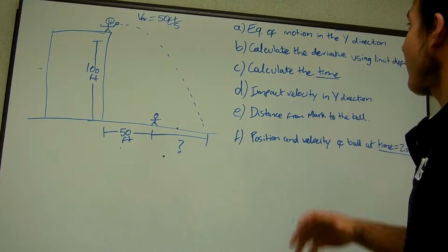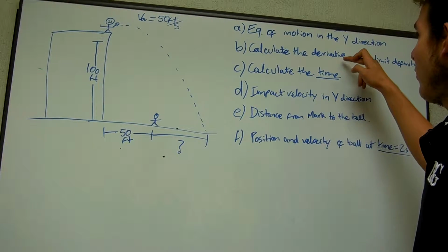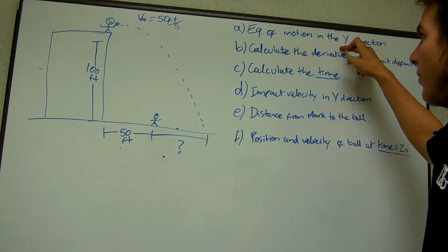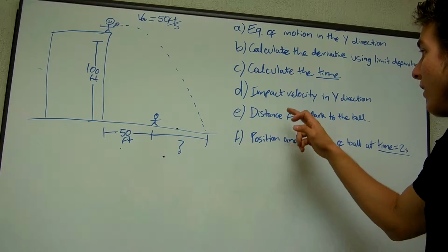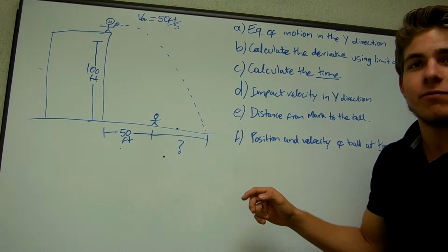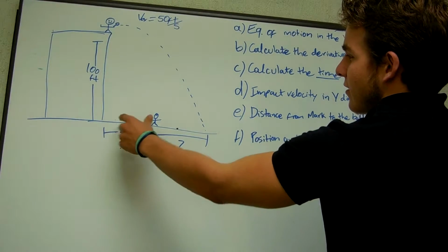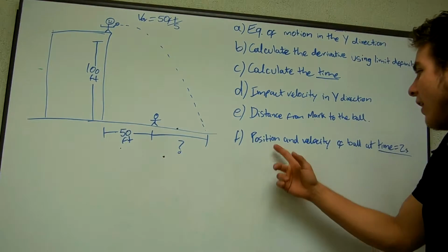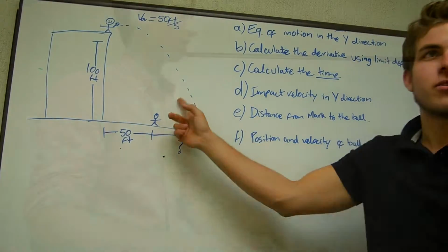We need to get the equation of motion in the y direction, then use the derivative of this equation. We calculate the time, the final or impact velocity in the y direction, the total distance that Mark threw the ball, and the position and velocity of the ball at a time of 2 seconds.